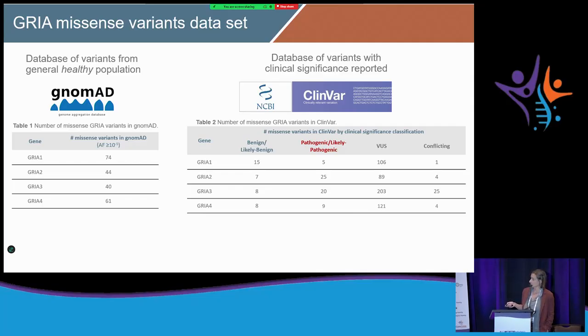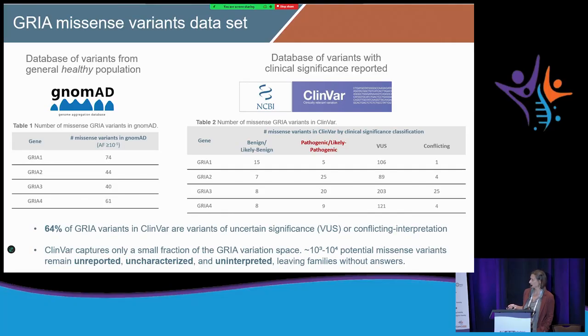But we put a cutoff on allele frequency of 10⁻⁵, and we end up with a limited number of available variants. While in ClinVar, most variants, as you can see, are classified as VUS, and we have a really small number of variants which are classified.